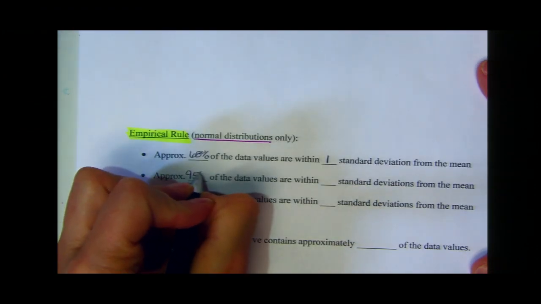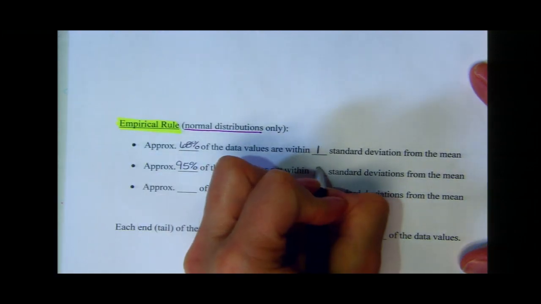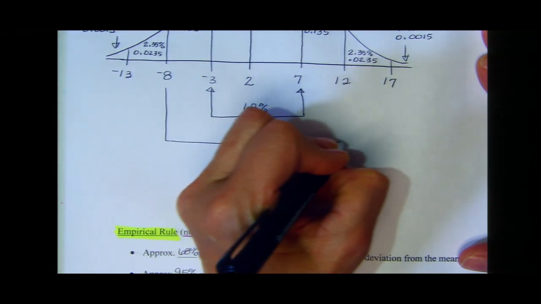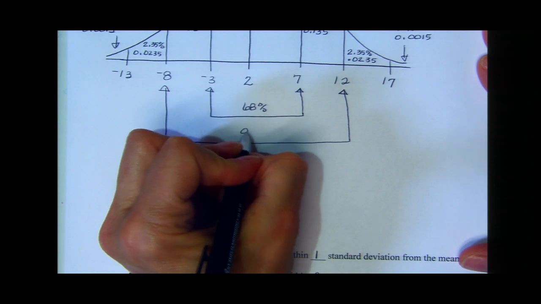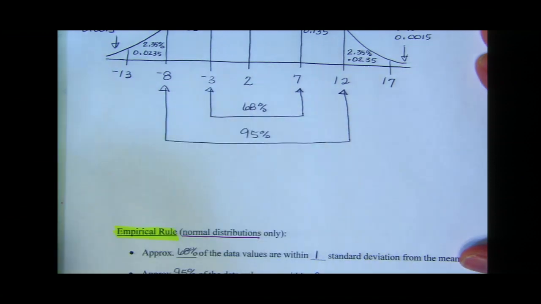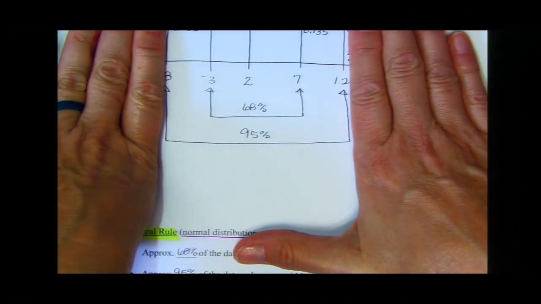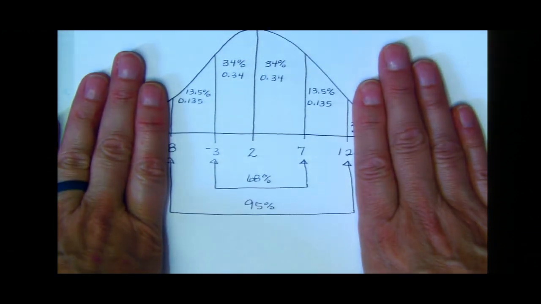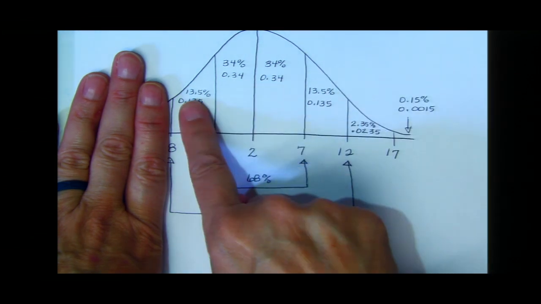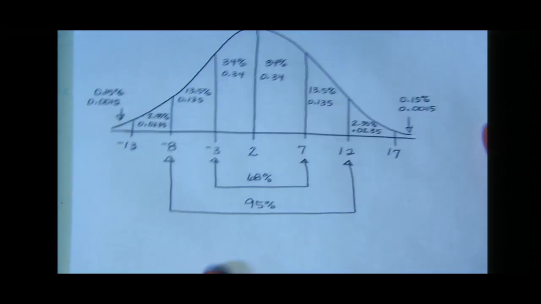Approximately 95% of the data fall within 2 standard deviations. And of course, if you would add 13.5 plus 34 plus 34 plus 13.5, you would get 95%. That's where they get the 95. They add those all together.